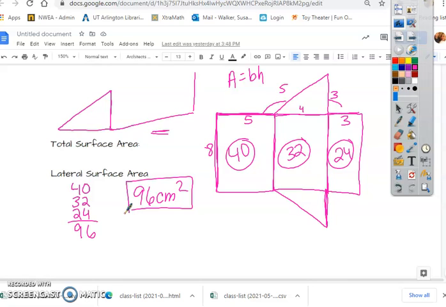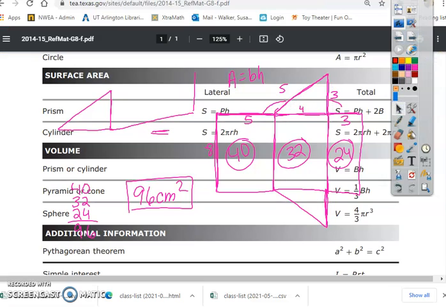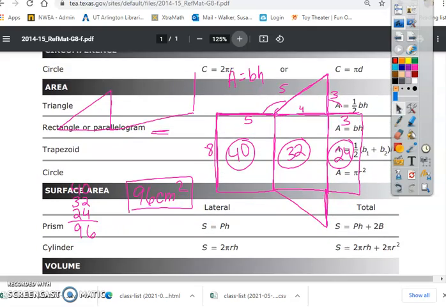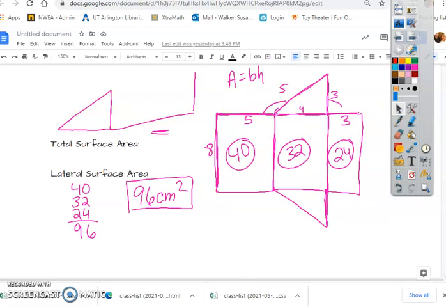Now to find the total surface area, we just need to add on the area of my triangle. So area of a triangle, half BH, half, and then we're going to have to use 4 and 3. We cannot use 5 because that's not where the right angle is. It doesn't matter if I put 4, 3 or 3, 4.